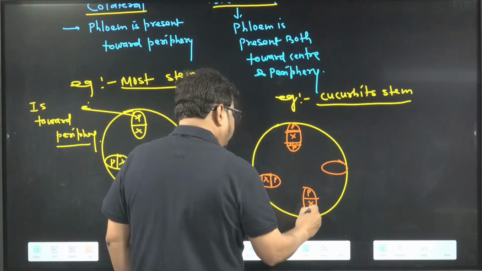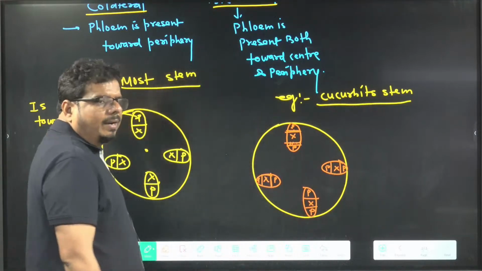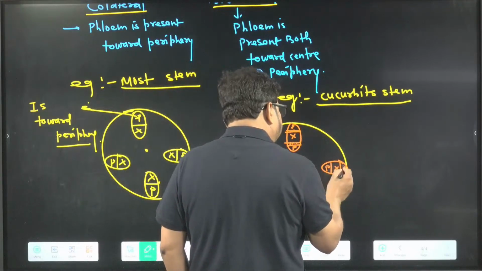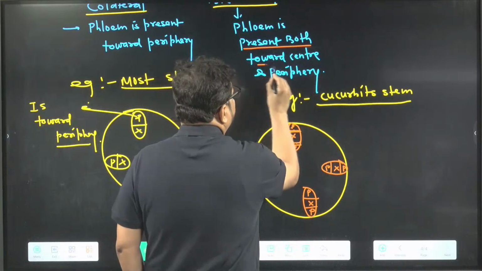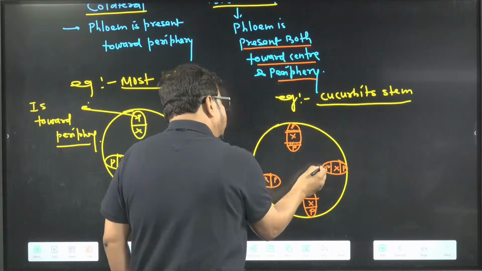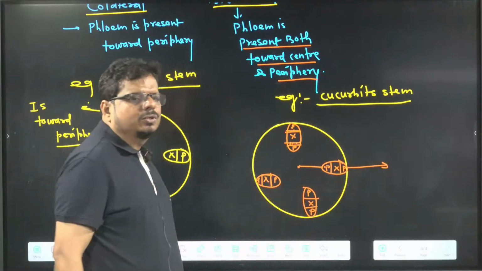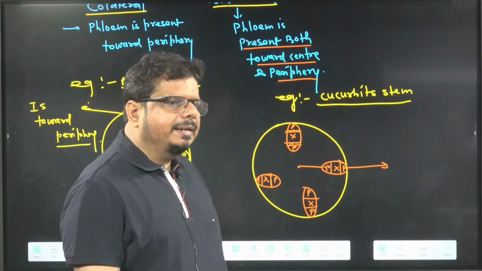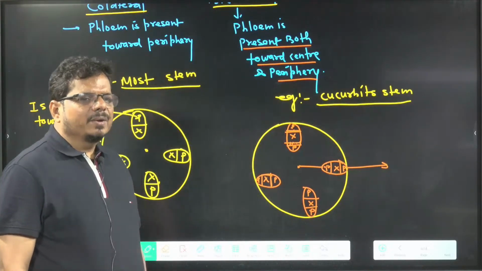What you are reporting? Phloem is present both toward center and periphery. Here toward center phloem is there and toward periphery also phloem is there. So such kind of arrangement is called, tell me, bicollateral arrangement.